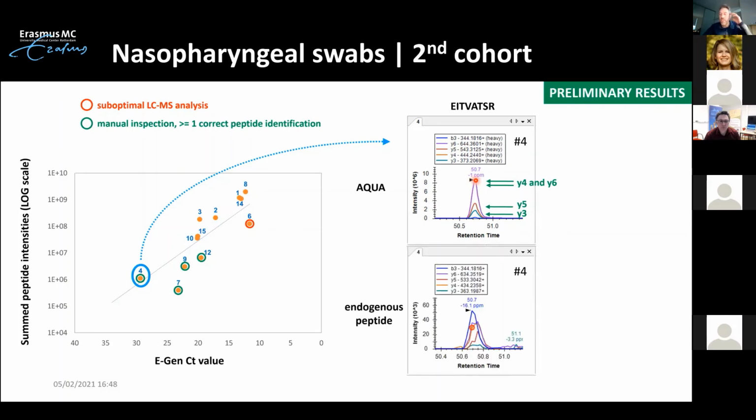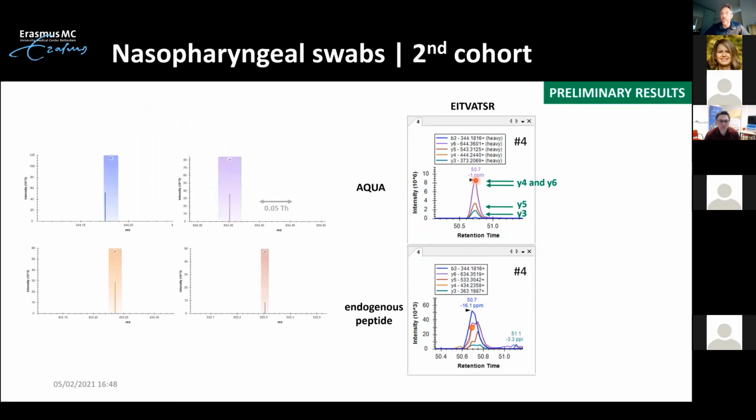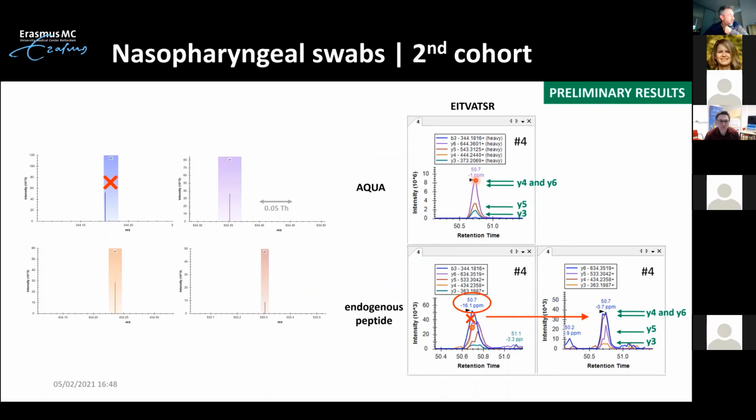Now for the endogenous peptide, Skyline gives a rather large mass error. However, the blue chromatogram seems to be a contaminant, and if you discard that one, you can see that the other 4 fragments with very small mass errors, shown here on the right, show the right pattern, which makes us conclude that this indeed is a positive hit as well.